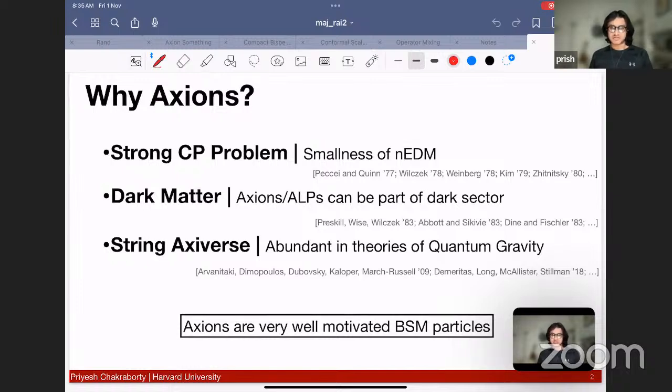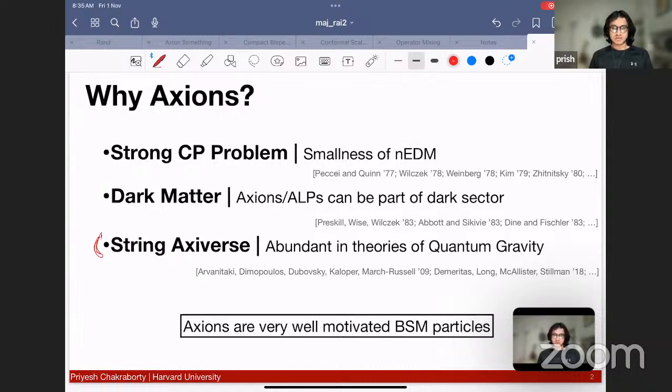But these axions can also be a part of the dark sector, a part of dark matter through the misalignment mechanism. And generically, in theories of quantum gravity, these axions are just produced in abundance. There are hundreds of them in string theories that people study. Specifically, I'll be focusing on the third kind of axions in this talk.